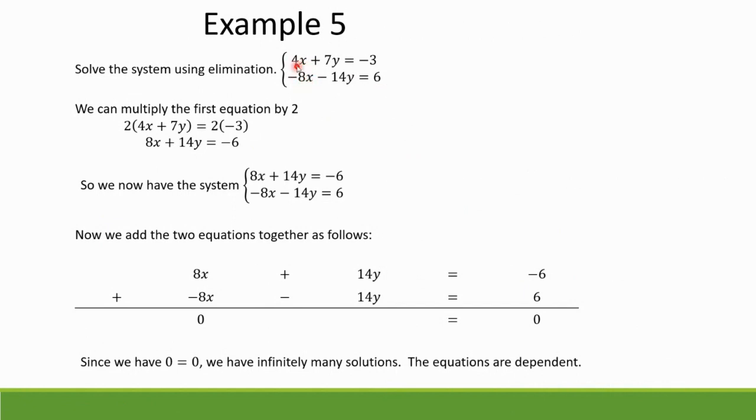So if we multiply the first equation by 2 and add, the x will go away. So I'm going to multiply the first equation by 2, both sides. We have 2 times 4x, that's 8x. 2 times 7y is 14y. 2 times -3 is -6.